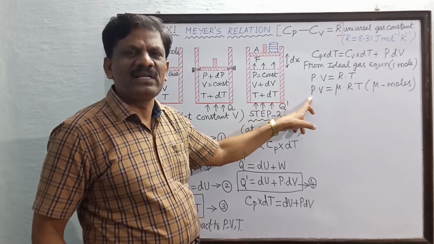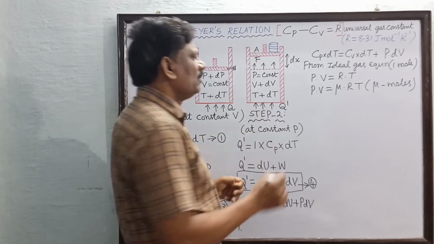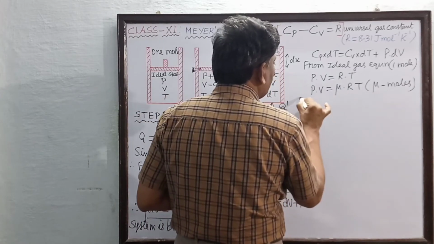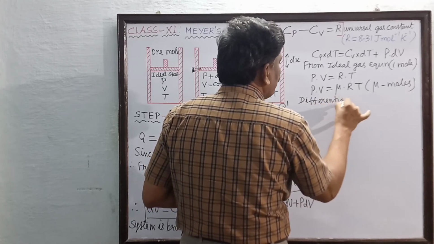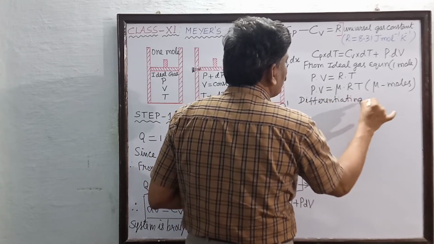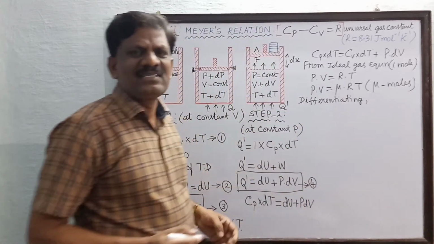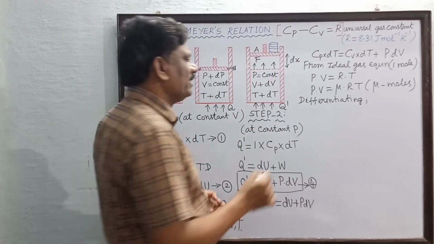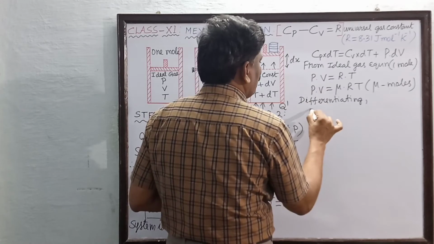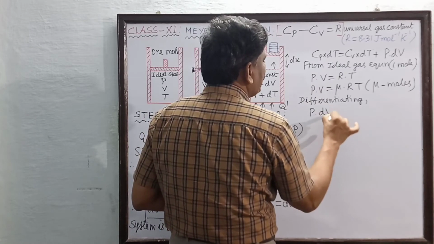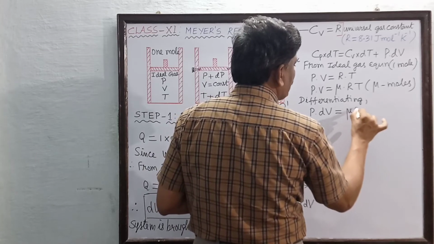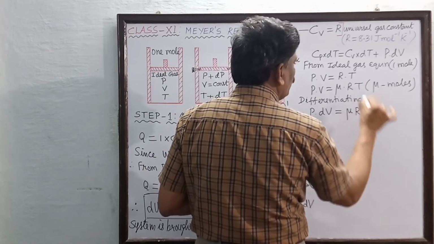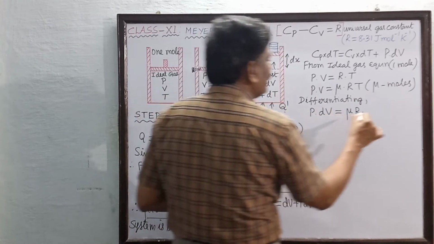So if I differentiate this equation, P is constant. Therefore P into the change in volume dV must be equal to mu, which is constant, R is constant, into the change in temperature dT.